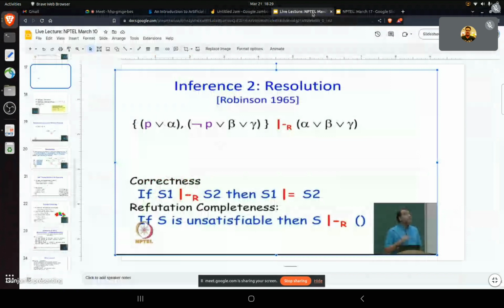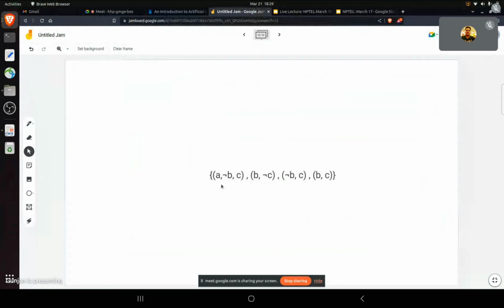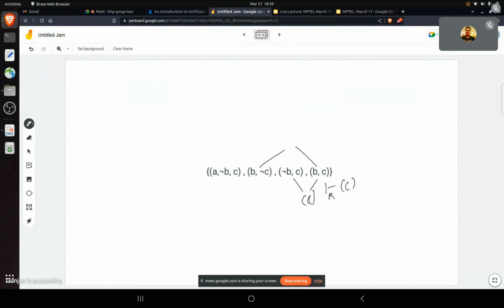Since these clauses are known to me, I can use these two to resolve it to C. So using these two, I have essentially shown that I can obtain C by resolving these two clauses, and I can resolve B from these two clauses. Now it is known that these are true, so you can entail B and C.